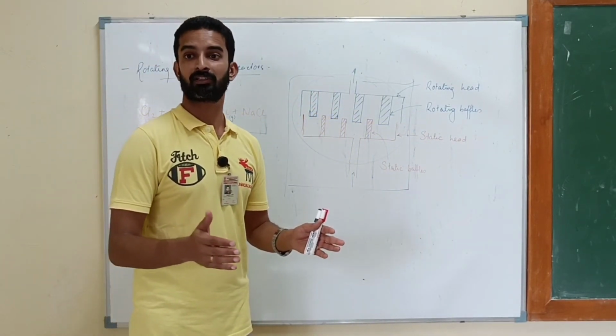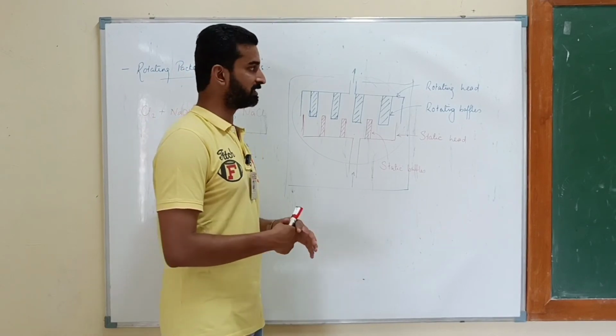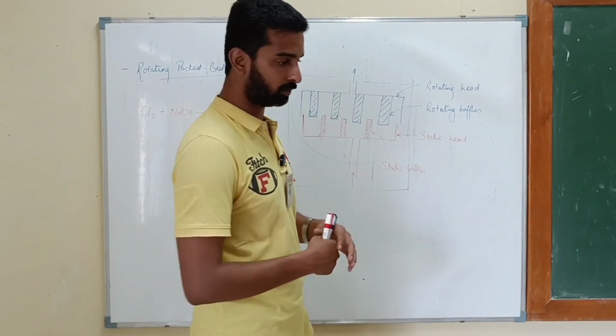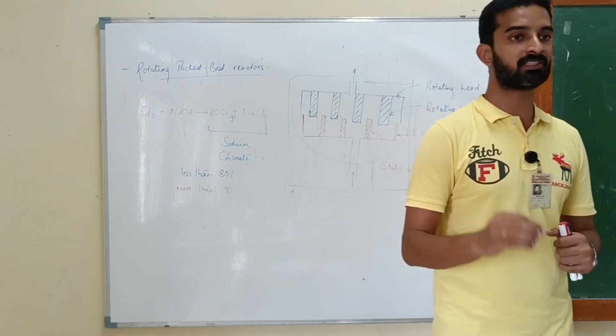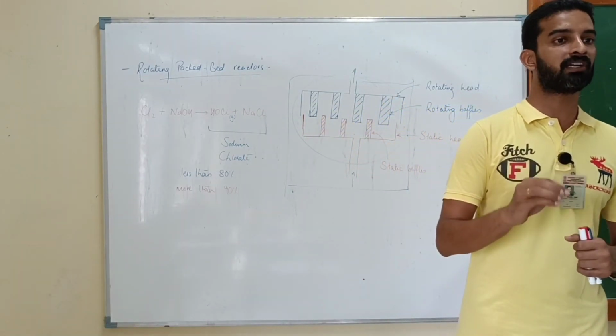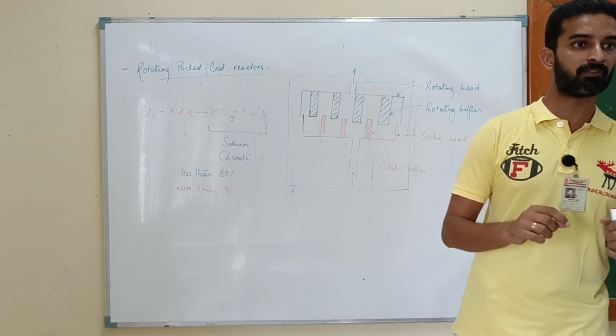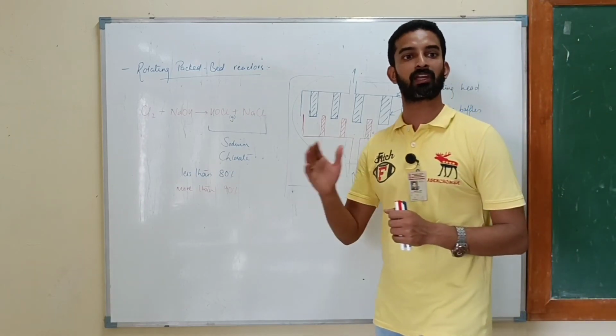Okay, so as you would have already noted, in almost all equipment related to process intensification that were discussed, one of the most common advantages is extremely fast reaction, a high rate of reaction.